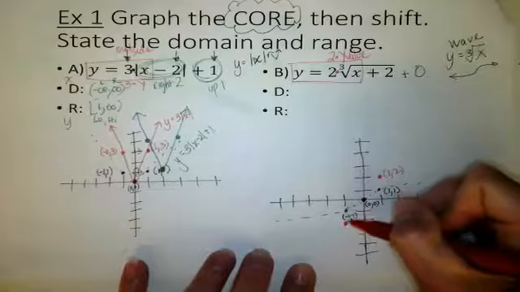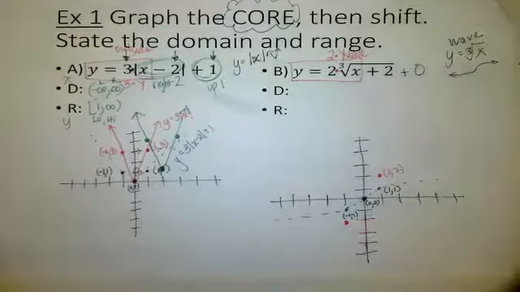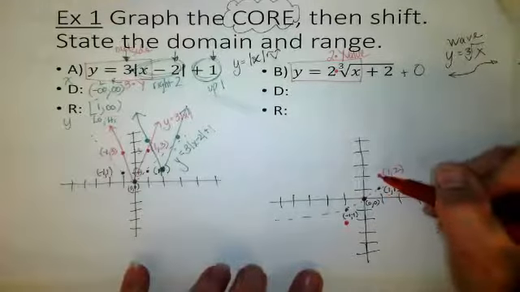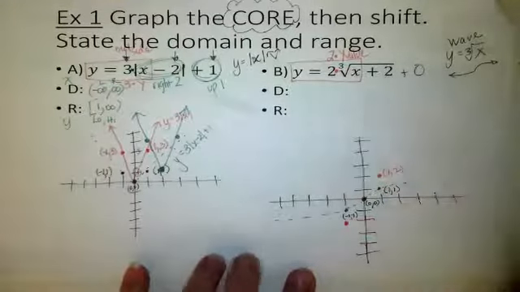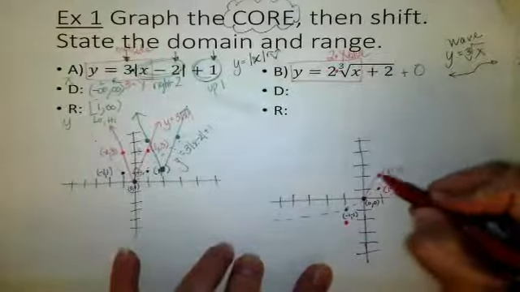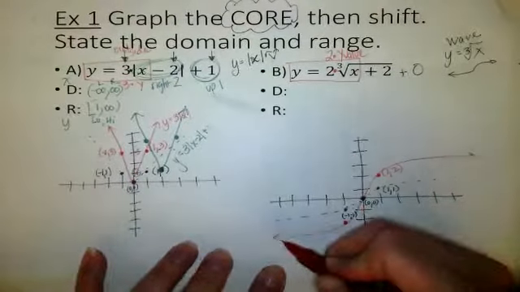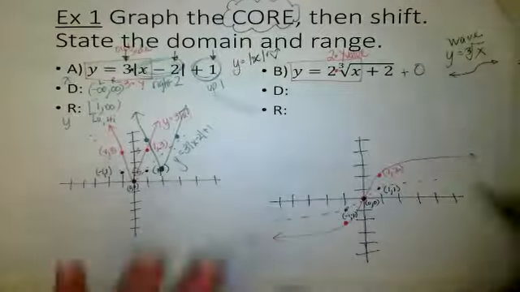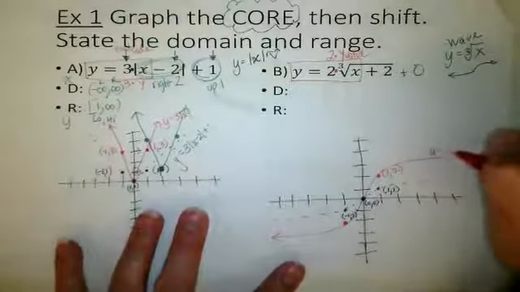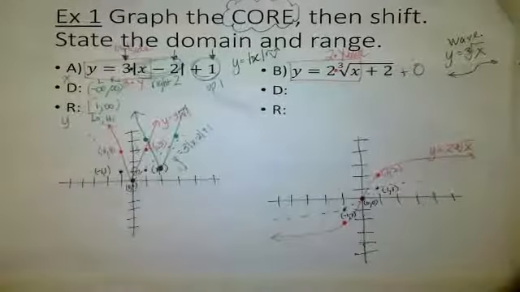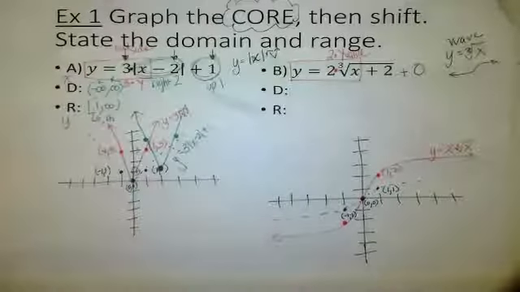These points are being stretched vertically. You can see they don't move left or right. They just go vertically higher or vertically lower. And so this is our stretched wave. This is the graph y equals twice the wave graph, y equals 2 times the cube root of x.